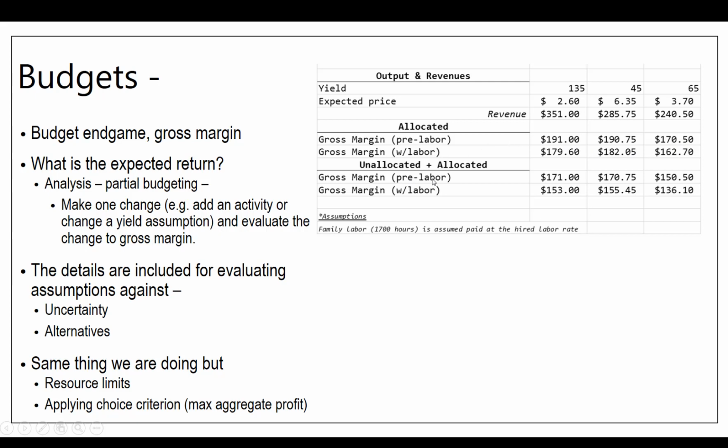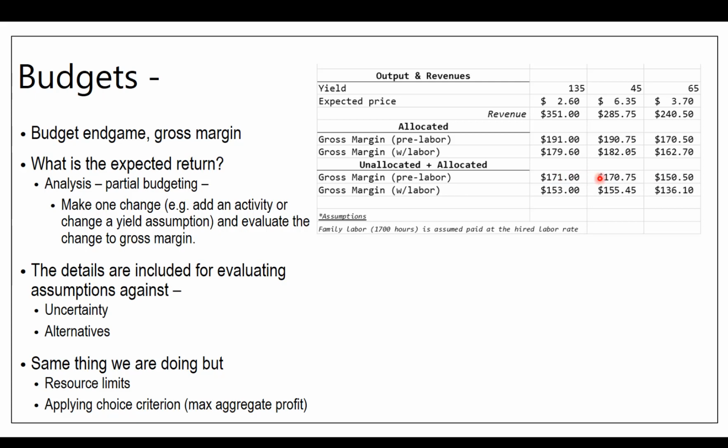And then if we took the unallocated and allocated, so the unallocated were the preparation activities that occur prior to choosing which crop you're going to make, that includes disking and plowing, then we end up with these being the relevant gross margins for our model.